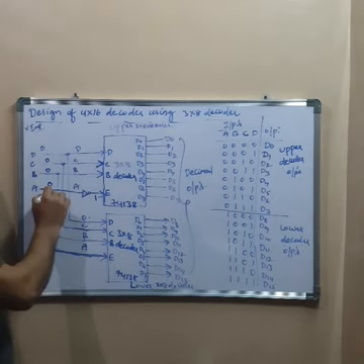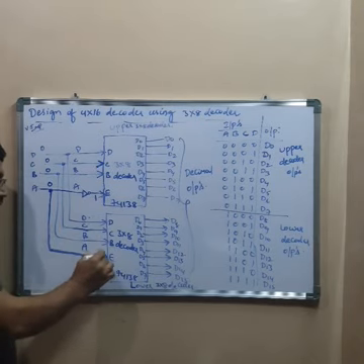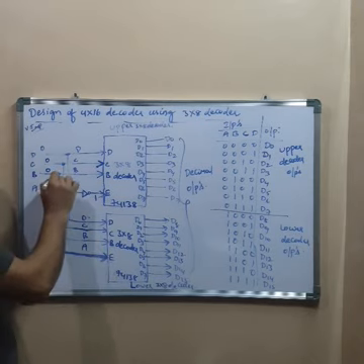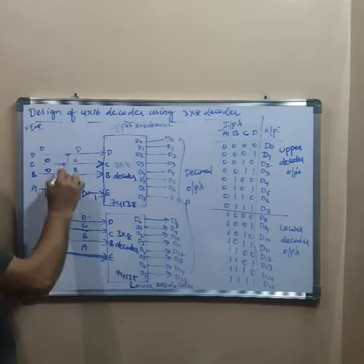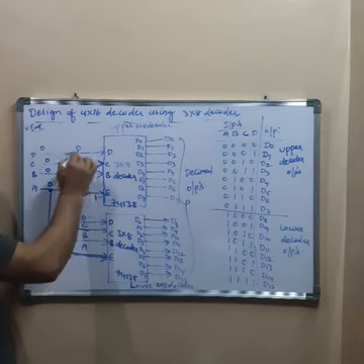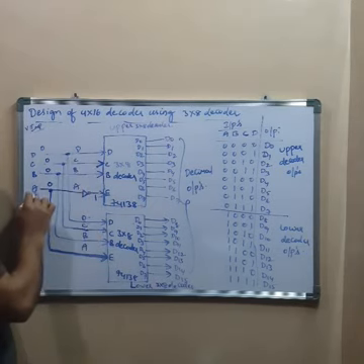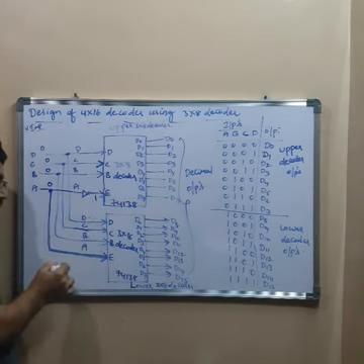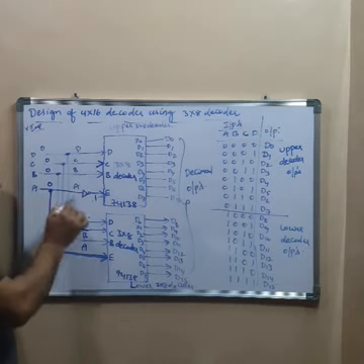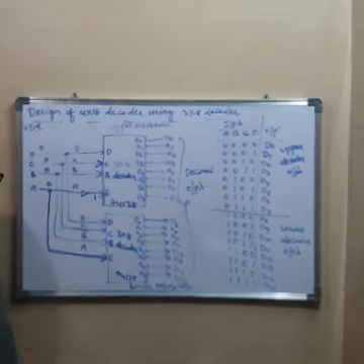See, enable input is shorted directly to the lower decoder, and B input is shorted to B input, C input is shorted to C input, D input is tied together with D input, and I am passing this enable input of upper decoder through the inverter, and I am passing directly the enable input which is treated as A to the lower decoder as it is.